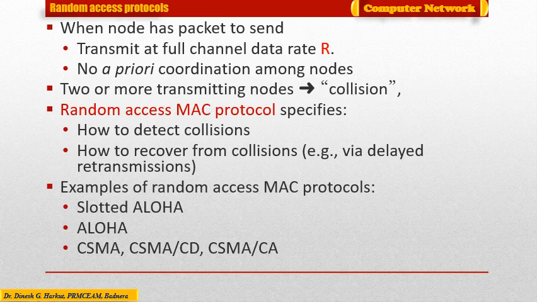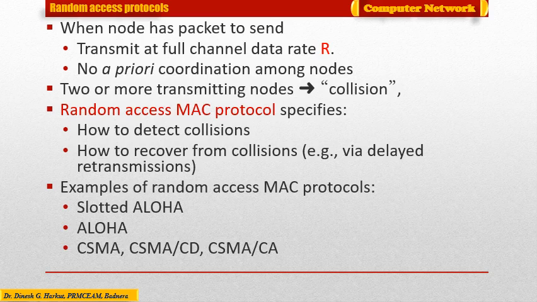The second broad class of multiple access protocol is the random access protocol. In random access protocol, each and every transmitting node always transmits at the full rate of the channel. That is, each competing node involved in transmitting the data over the shared channel uses the full bandwidth of the channel, that is, R bits per second.